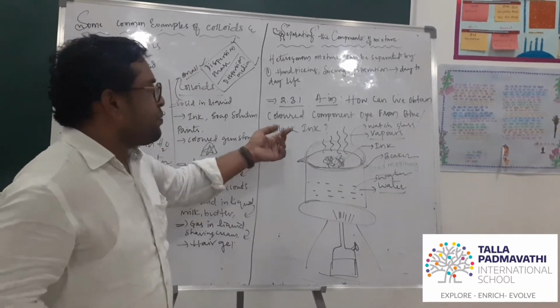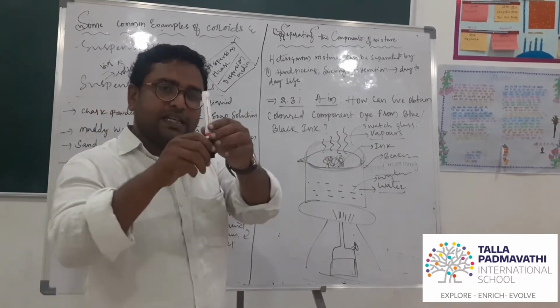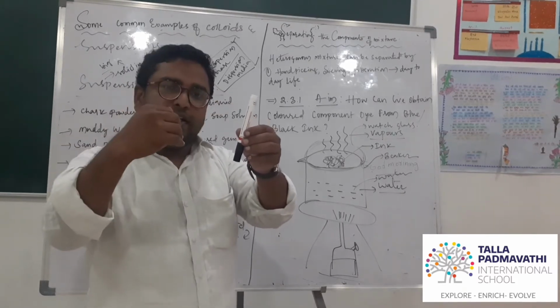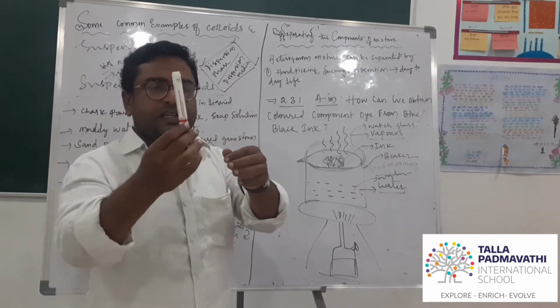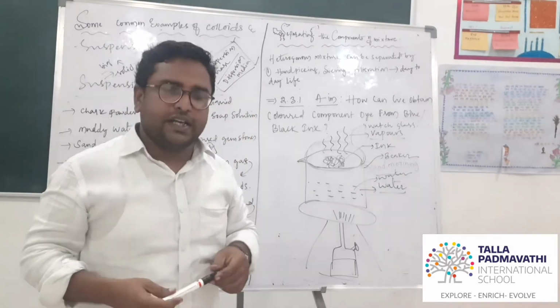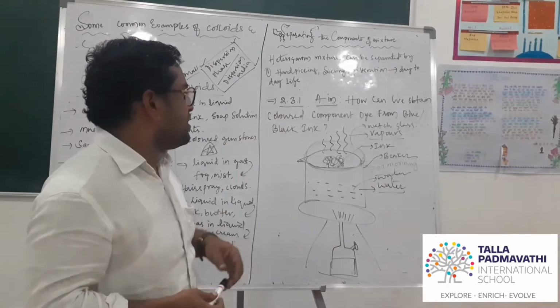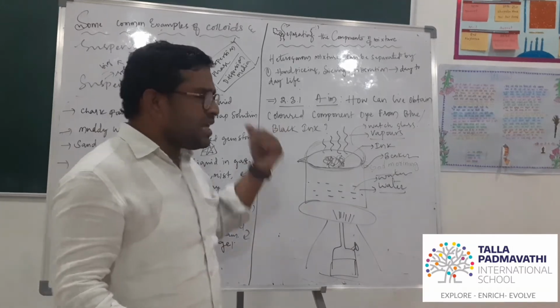So what is the aim? How are we going to separate the pure pigment from the ink? The colored pigment is separated from the ink by using different separation techniques. Let me explain which technique we are going to use to separate the dye from blue or red ink. So, what is the aim?